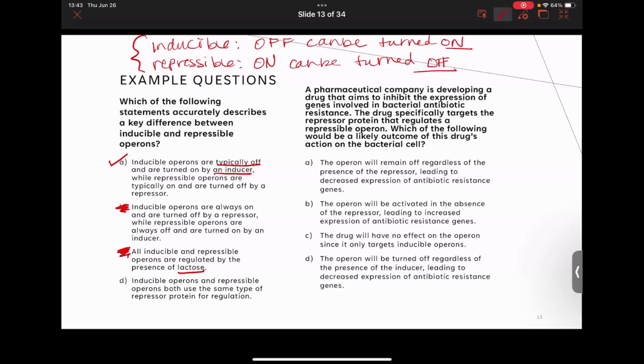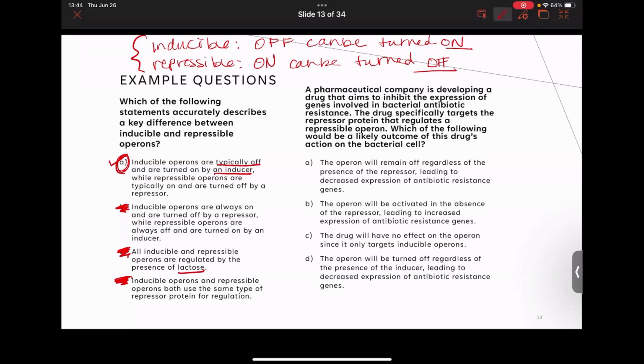Inducible operons and repressible operons both use the same type of repressor protein. Each operon, so there's an operon that controls for lactose breakdown. There's an operon that controls for making arginine. There's an operon for this, and there's an operon for that. Every single operon has its own repressor, and they're individual. So that part is wrong also. So A is our correct answer.